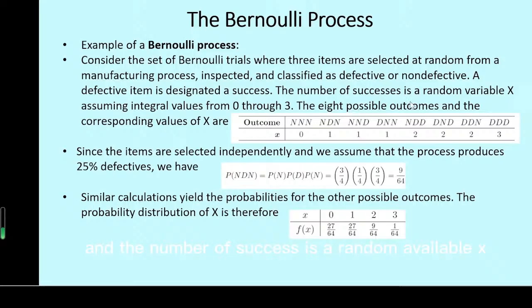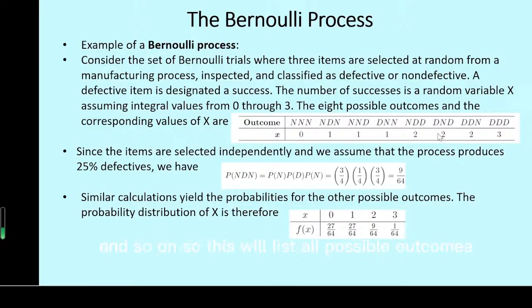And the number of successes is a random variable X, assuming integral values from 0 to 3. The 8 possible outcomes and corresponding values of X can be listed in this table. If we list all results of each trial, it can be non-defective, non-defective, defective, non-defective, and so on.